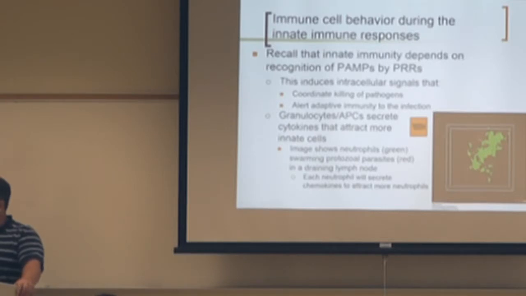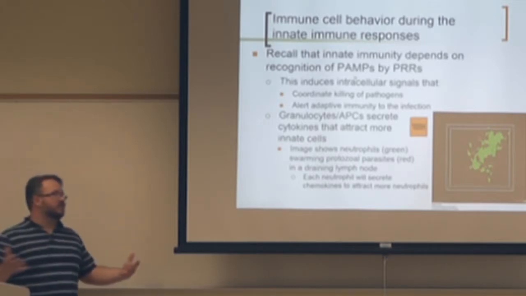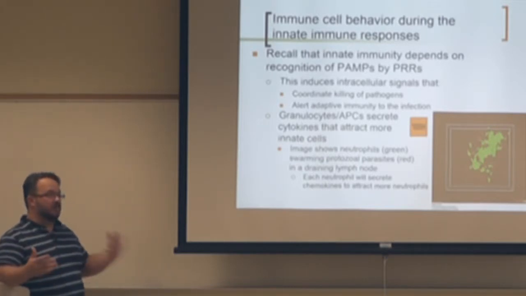Now we talk a lot about B cells and T cells and dendritic cells, but remember some of those innate cells, and a lot of these immune responses are going to rely on them, even though we have adaptive responses to bacteria that are really important.